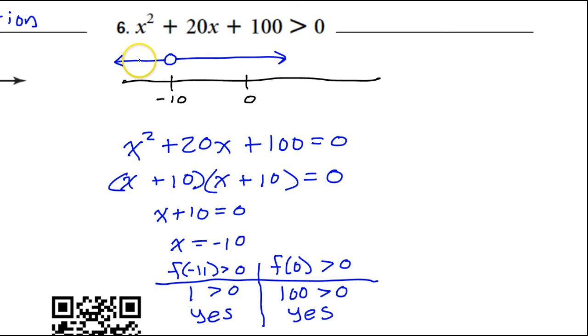For the left ray, that goes from -infinity to -10. All right, and I'll put a parenthesis to show that -10 is not included, open circle. And then union, and then for the right ray, that's going to be from -10 to infinity. -10 to infinity. And that's it.